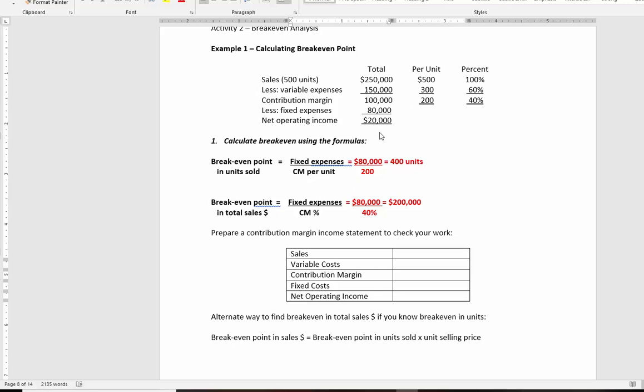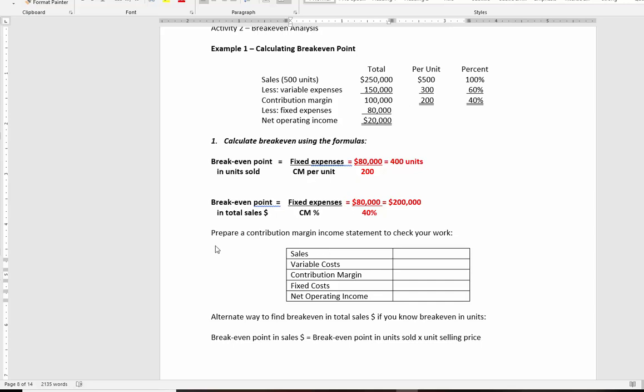This is very handy when we're making any kinds of break-even calculations or cost volume profit calculations. So we're making decisions and we have all of our expenses broken up into behavior, which is how we need them. All right, so here is the income statement you worked with in order to calculate break-even.